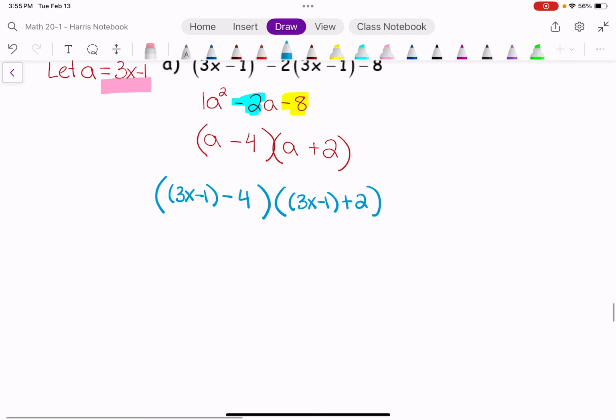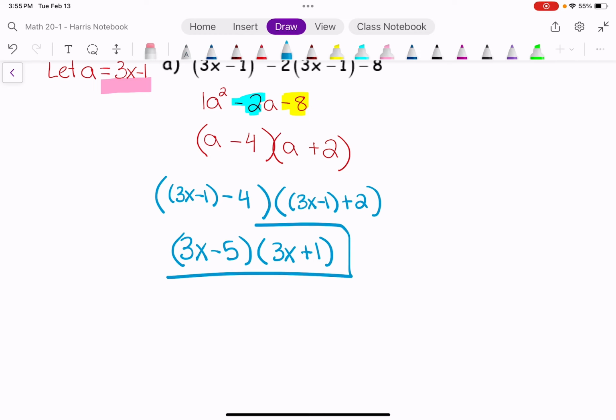Now I'm going to combine like terms within the brackets. 3x - 1 - 4 gives 3x - 5, and 3x - 1 + 2 gives 3x + 1. This is my final answer.